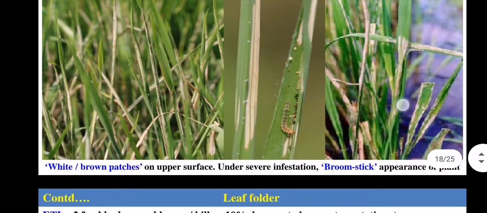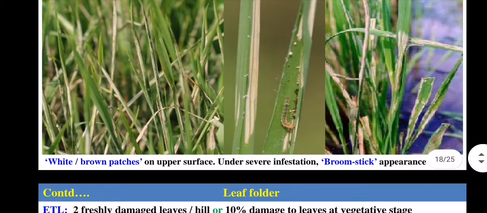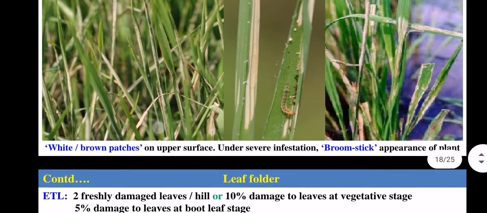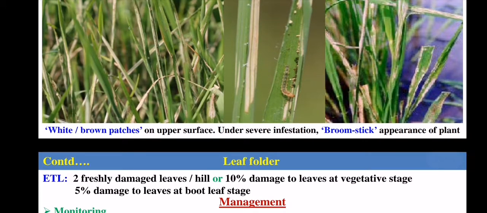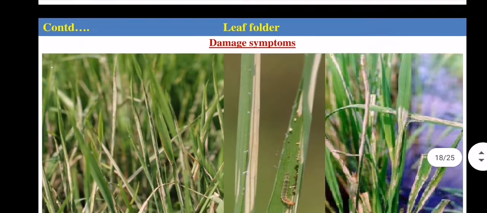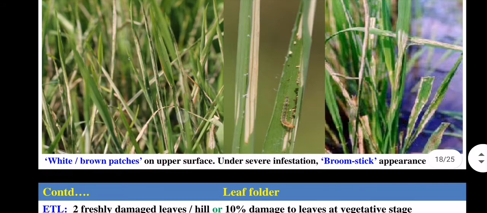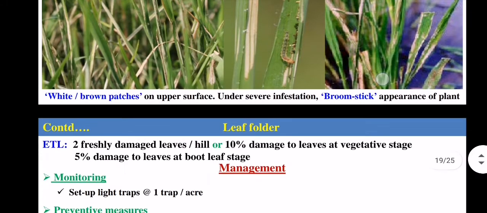Then the damaging symptoms are white and brown patches on the upper surface of the leaves, and under severe infestation, a boomstick appearance of the plants. So if you observe a field with the attack of leaf folder, you see the white field of rice.